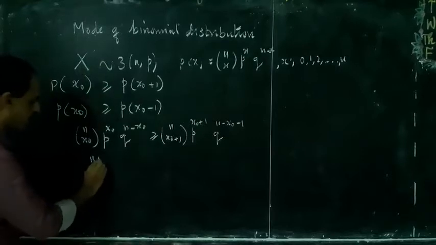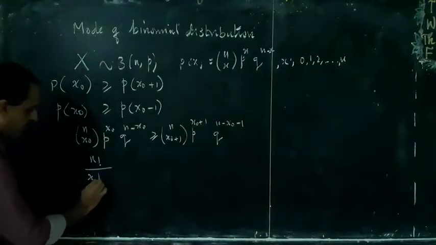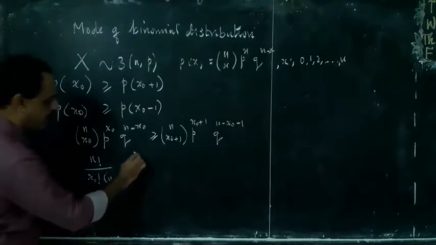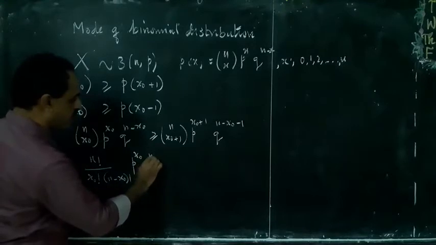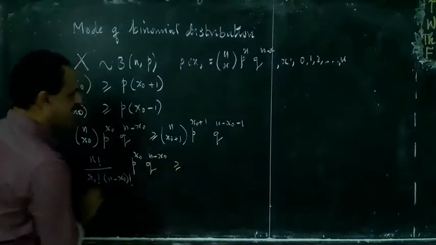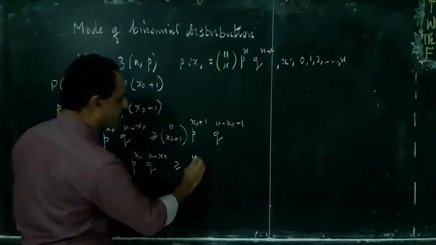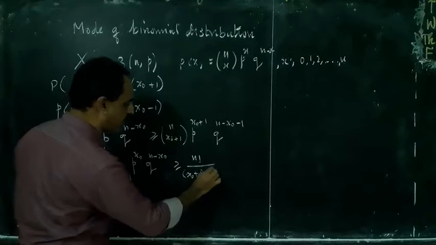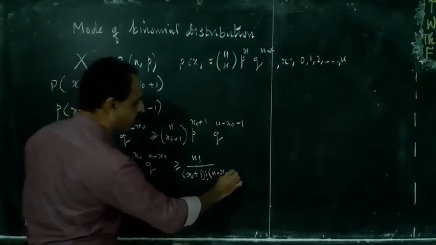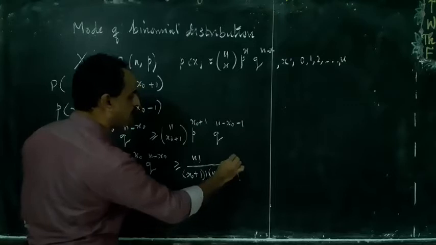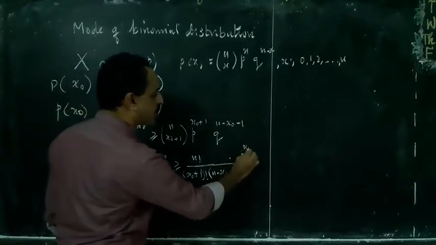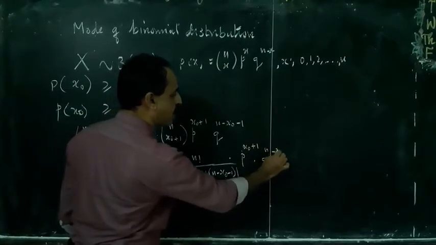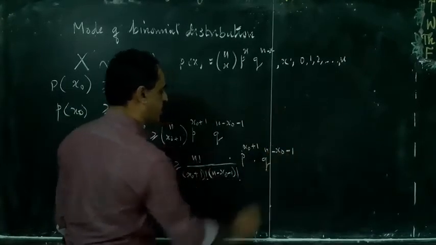Now, this can be written as n factorial by x0 factorial, n minus x0 factorial, p raised to x0, q raised to n minus x0 greater than or equal to n factorial by x0 plus 1 factorial into n minus x0 minus 1 factorial into p raised to x0 plus 1 into q raised to n minus x0 minus 1.